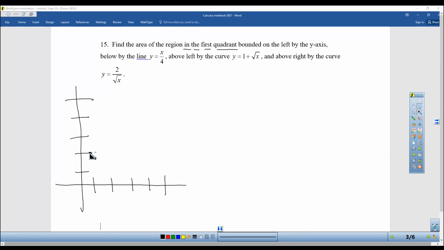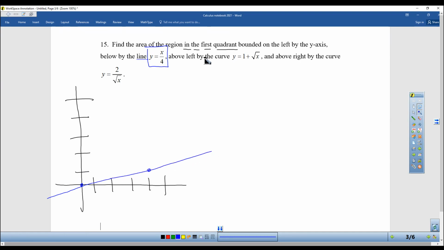Bounded on the left by the y-axis and below by the line y is equal to x over 4. So it goes through 0 and then up 1 over 4 is its slope. So that is going to be the bottom boundary.